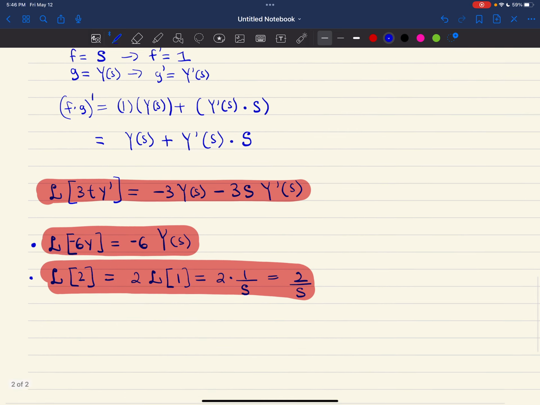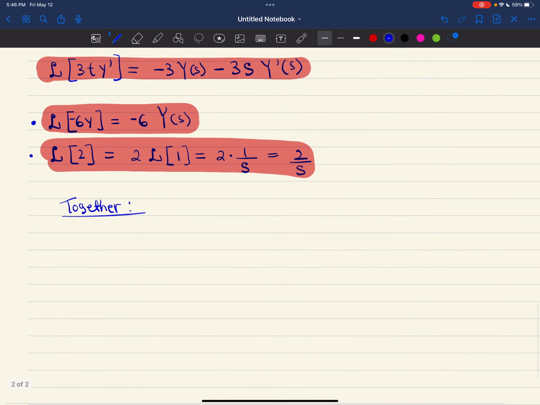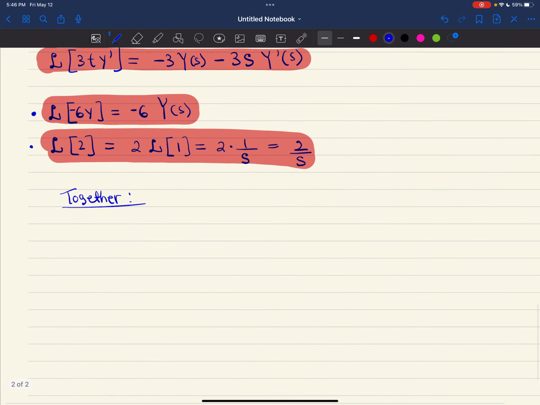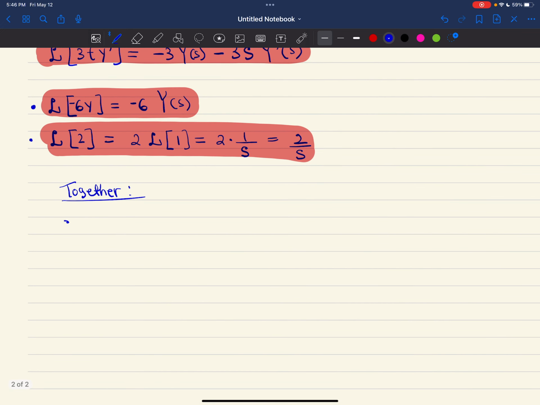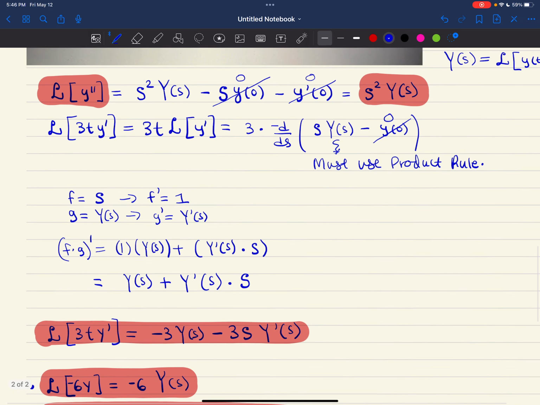So together we have, first, s squared big Y of s. The reason why I'm writing down s a little bit differently is because it helps me differentiate between s and a 5, since I have a hard time differentiating between them.